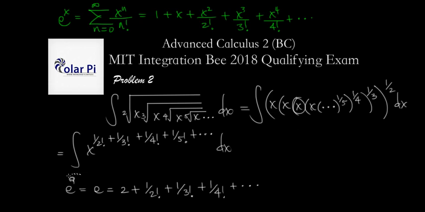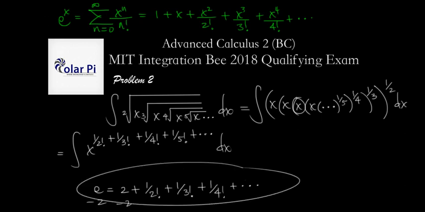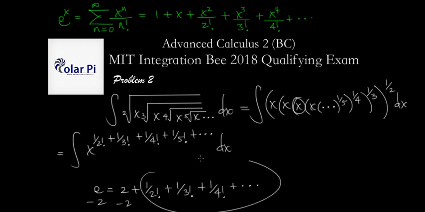So, what are we saying? What we're saying is that e minus 2 will be exactly the exponent we've been after, because if we subtract 2 from both sides of this last equation, then e minus 2 will equal all this sum. That's what we've been after. So our integral now is just the integral of x to the e minus 2 power, and then dx.